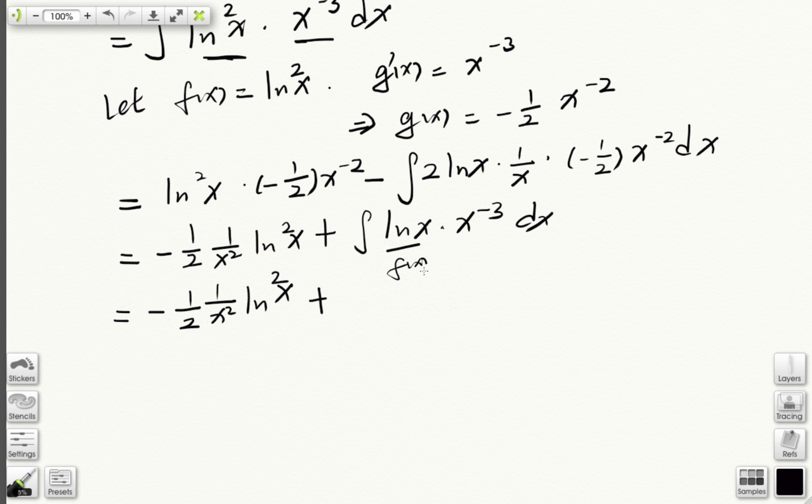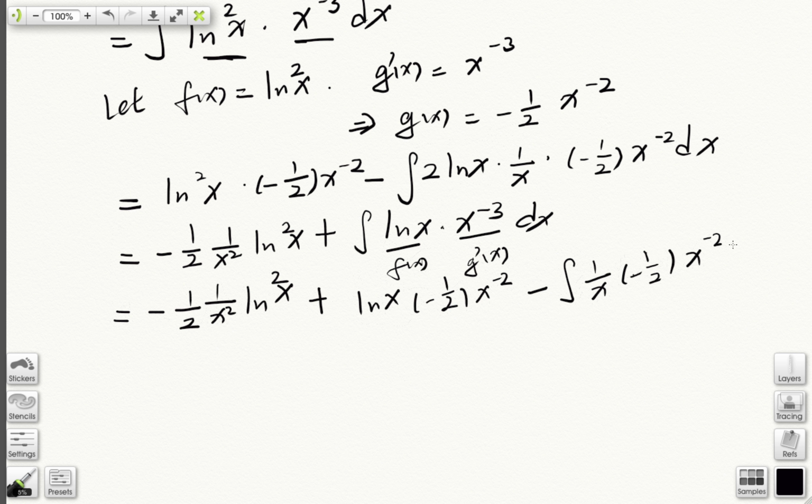So this is f of x, and this is g prime of x. So again, g of x is this. So we'll have f of x times g of x as the first term, ln of x times minus 1/2 x to the power of -2, minus the integral of f prime of x, in this case 1 over x, and g of x, which is minus 1/2 again, times x to the power of minus 2 dx.